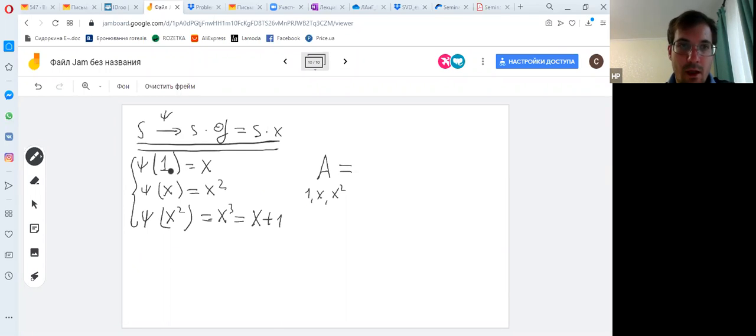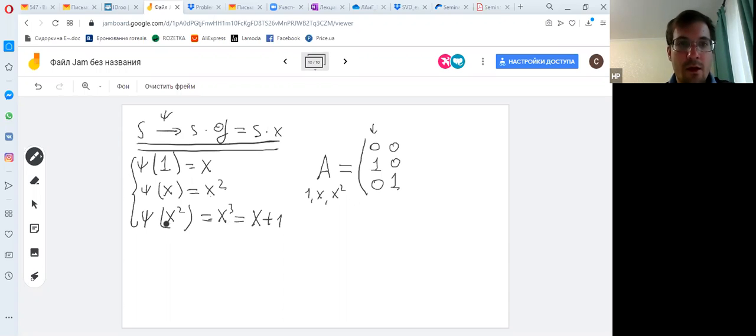1 goes to x, so the first basis vector goes to the second. So the first column is 0, 1, 0. The second basis vector goes to the third, so this is 0, 0, 1.